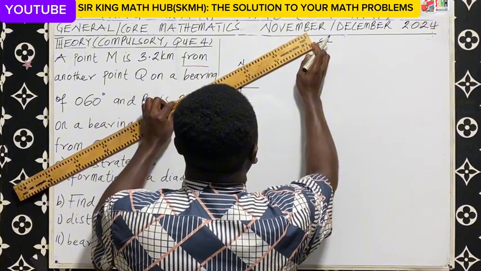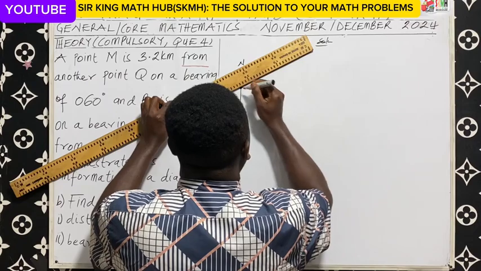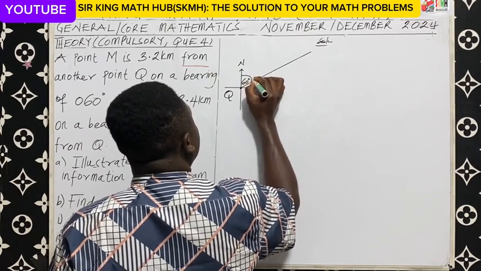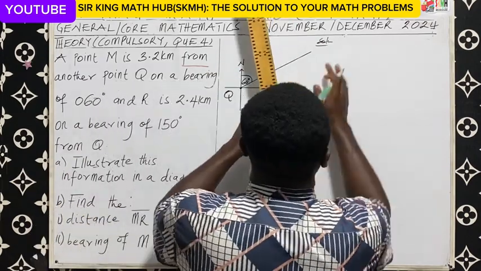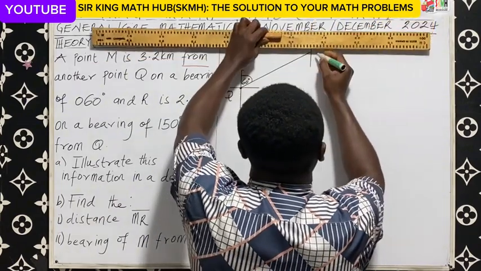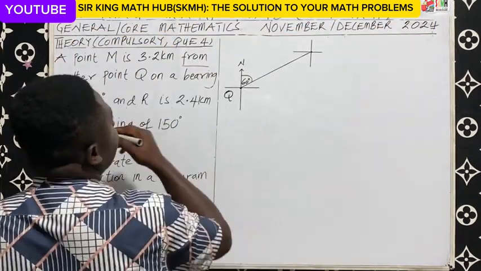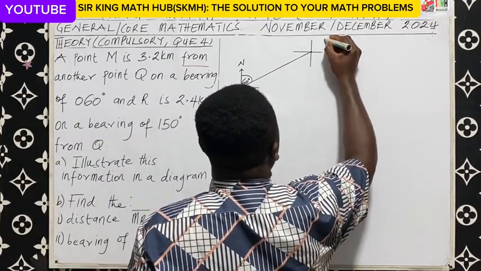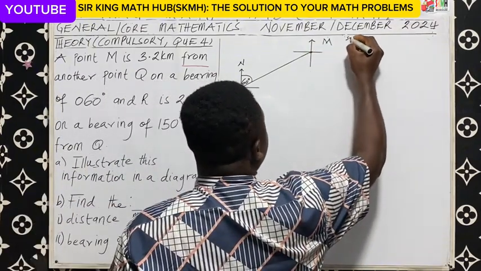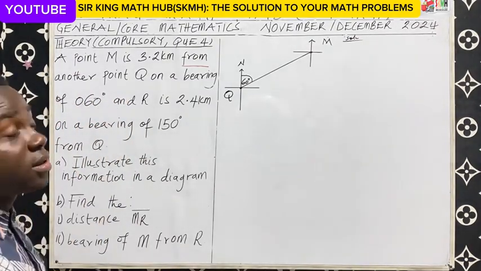Okay, so then this is our second point. So that would be point M. This is our point M. Now, what is the distance between point Q and point M?